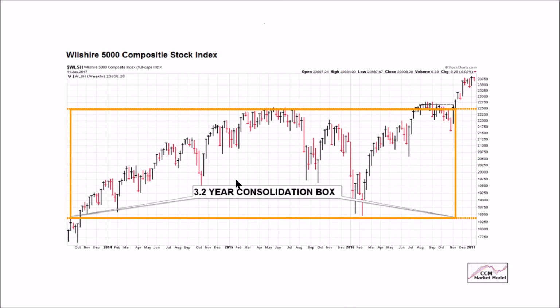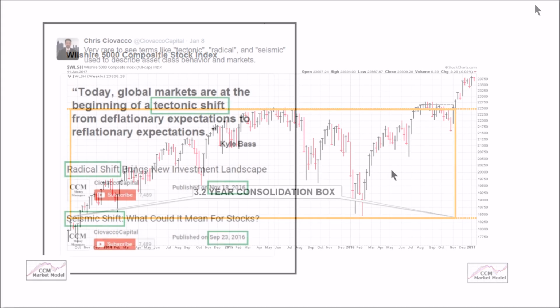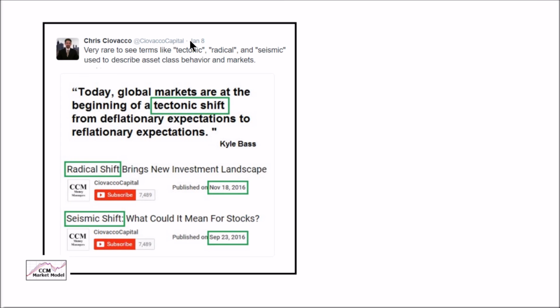We also know from past videos that harder markets, and this is a 3.2-year consolidation box that dates back to calendar year 2013 for the Wilshire 5000, harder markets are often followed by easier markets. If you didn't see this tweet from our Twitter feed on January 8th, I think it's important. Here's a quote from Kyle Bass.